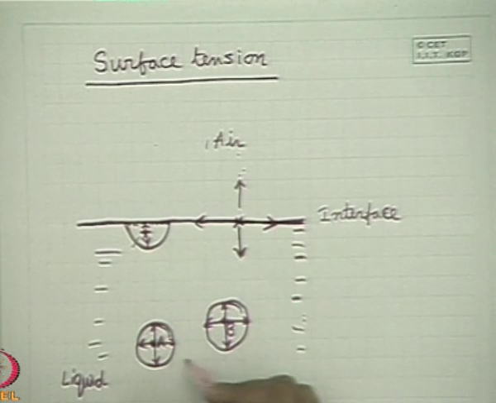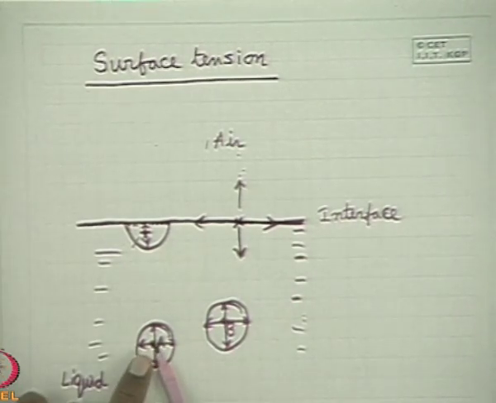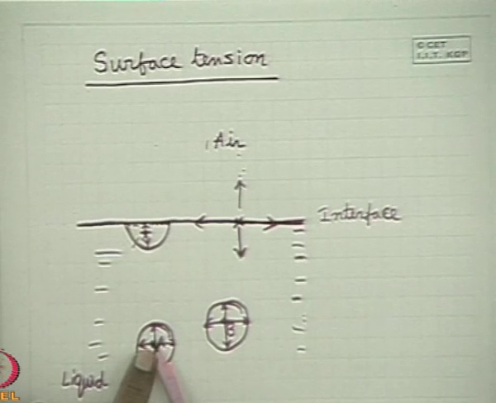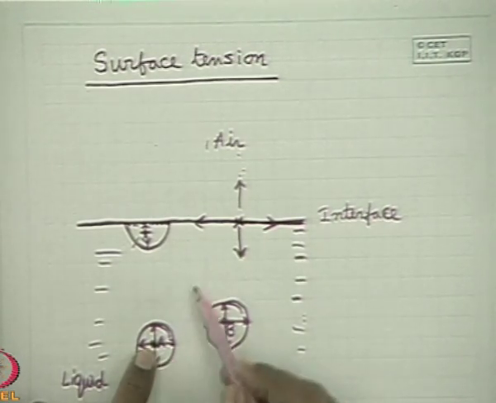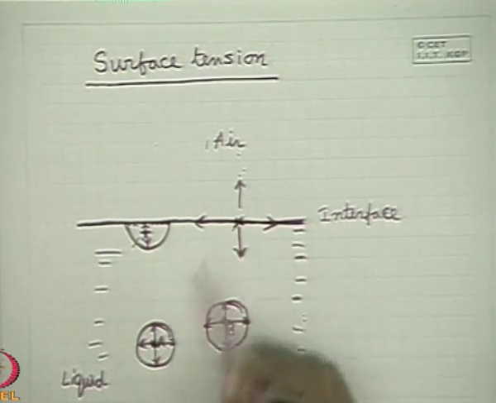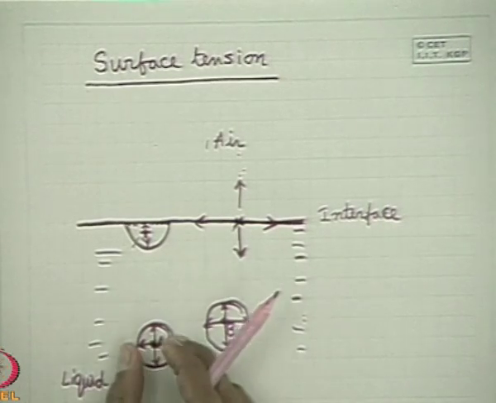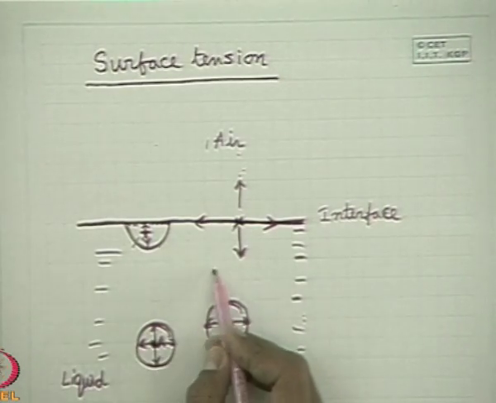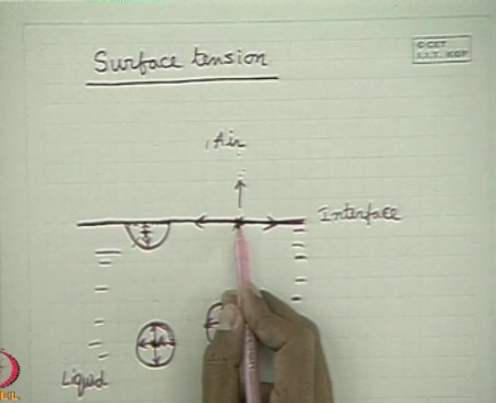So what happens if we try to bring any molecule from inside the liquid to the surface? We have to do work against an inward force, that is the molecular cohesive force, which is going to be lesser and lesser as the molecule travels near the surface.